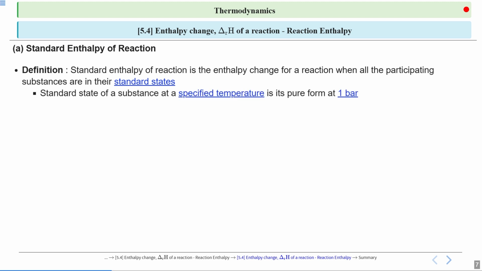So basically, what we do, we keep our substance at 1 bar pressure. And whatever the state that we observe at a given temperature. Now the temperature is not fixed here. Okay, we are only keeping the pressure constant. That is 1 bar if you are taking the standard condition.